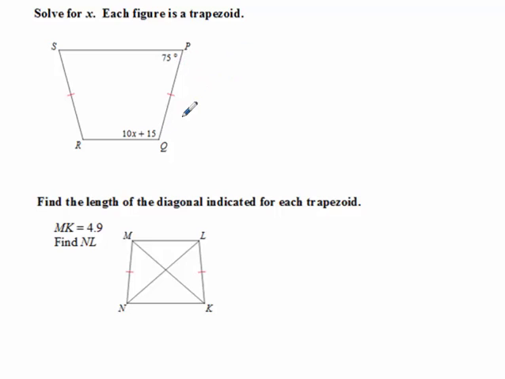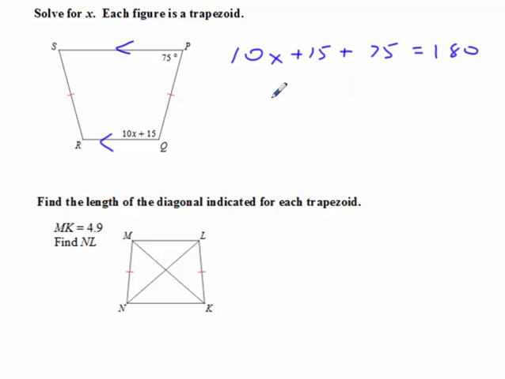We've got this angle down here, which is 10x plus 15 plus 75 is equal to 180. Why are we doing that? Well, they said it's a trapezoid, and then you see these two are marked as congruent. It's an isosceles trapezoid, which means that these two sides must be the bases.